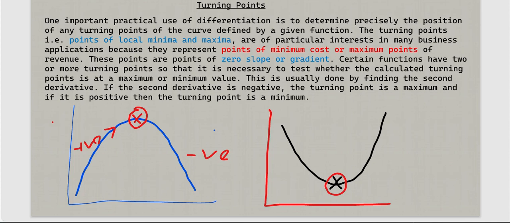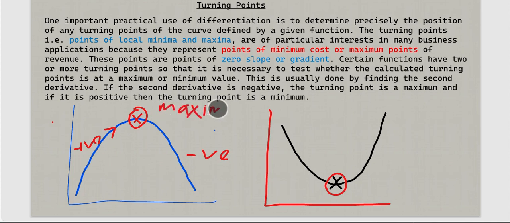Now, one thing that you should note carefully is that at the turning point the gradient is 0. So whether it's negative or positive, the gradient at the turning point or at the maximum is 0. This is a maximum point.